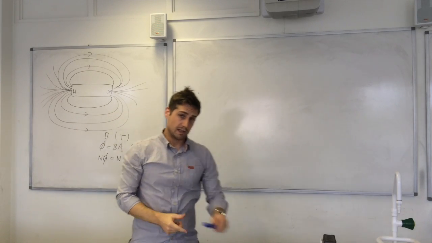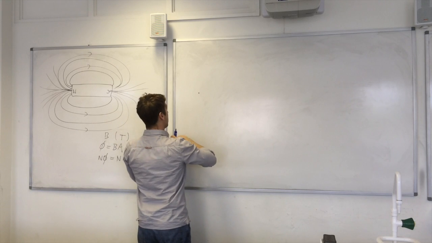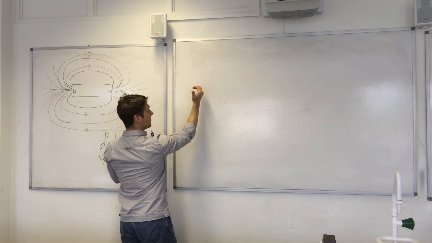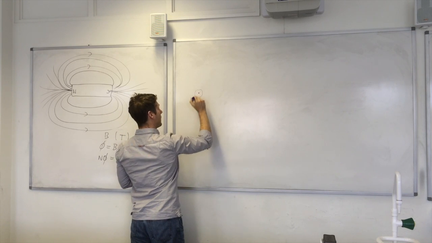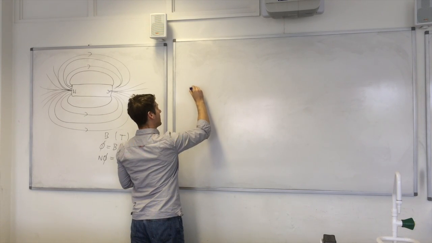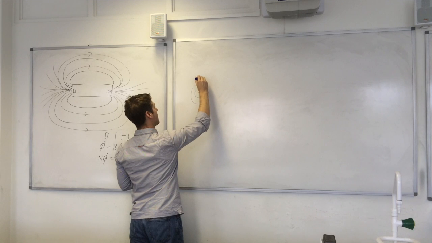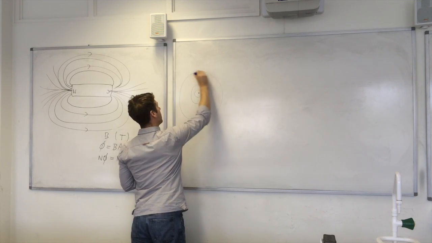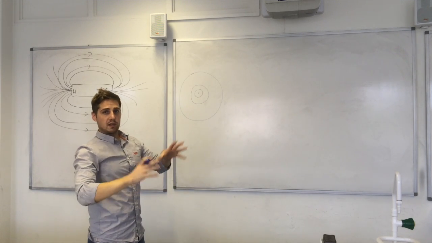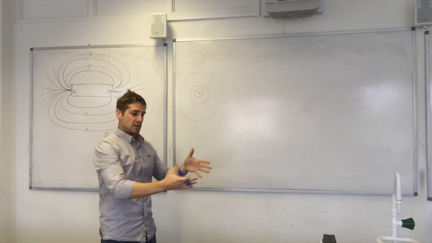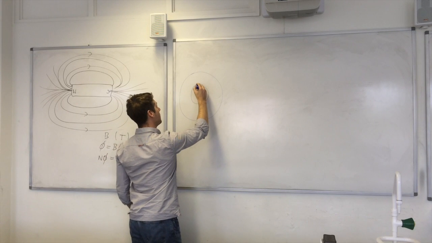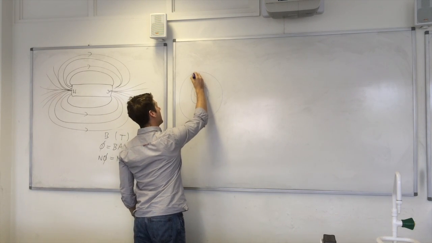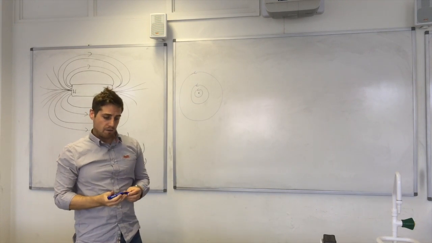The magnetic field pattern is circular, so in this case it's anti-clockwise. Circular around here, and it's concentric circles which get a larger spacing as you go away. And that makes sense because the magnetic field is obviously going to be stronger near the wire. So it's anti-clockwise, so you need to have both of those in there.